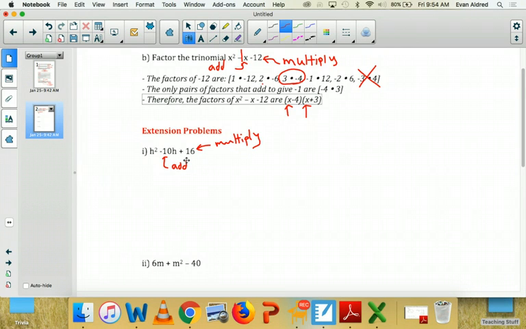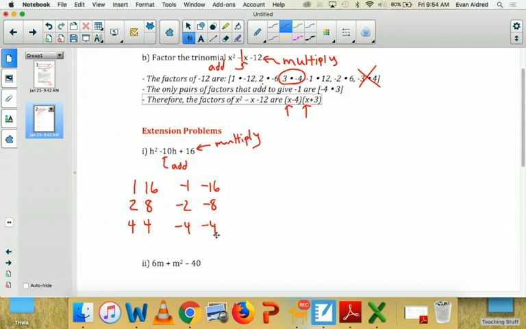So numbers that multiply to plus 16 and add to minus 6, well, let's figure out all the factors of plus 16 first. There's 1 and 16, there's 2 and 8, there's 4 and 4. But those aren't the only numbers that multiply to give us plus 16, because remember, two negatives multiplied together also gives us a positive.